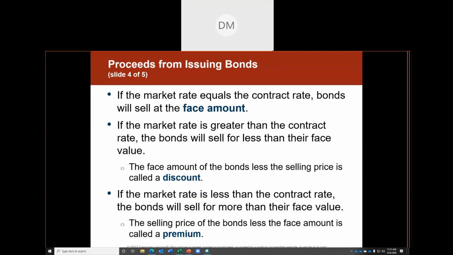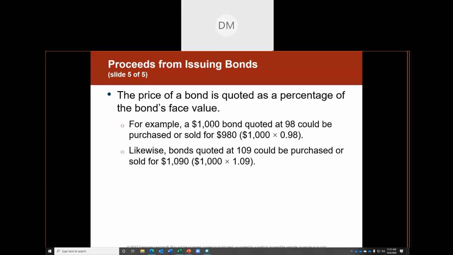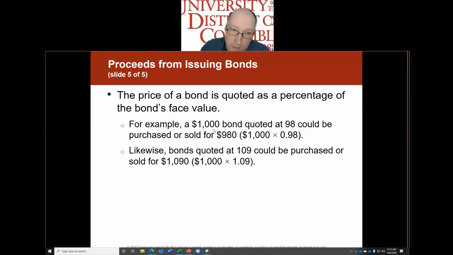The market rate is less than the contract rate, so yes, we're buying that at a premium. That's right. Very good. And then the opposite would also be true. If our $1,000 bond was quoted at 109, that means they sold the bond to us for $1,090. That would be at a discount. Very good.